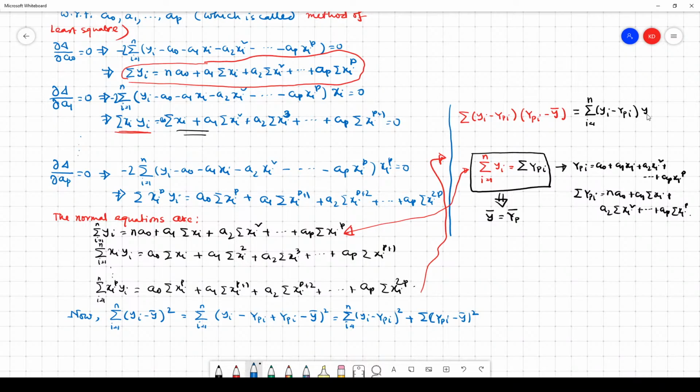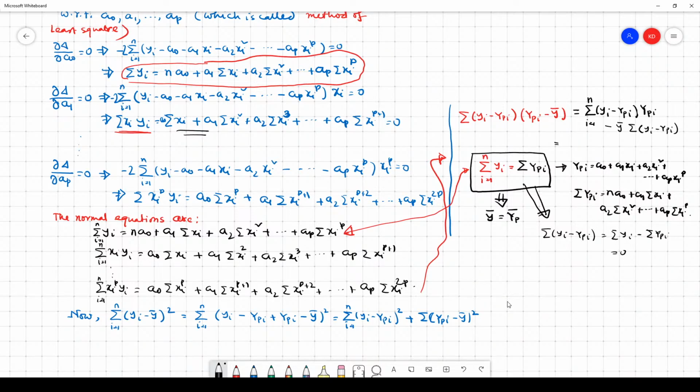Okay, so why did this happen? Because you see that the cross product term can be written in terms of yi minus capital Ypi, and the summation of yi minus capital Ypi is nothing but summation yi minus summation capital Ypi.